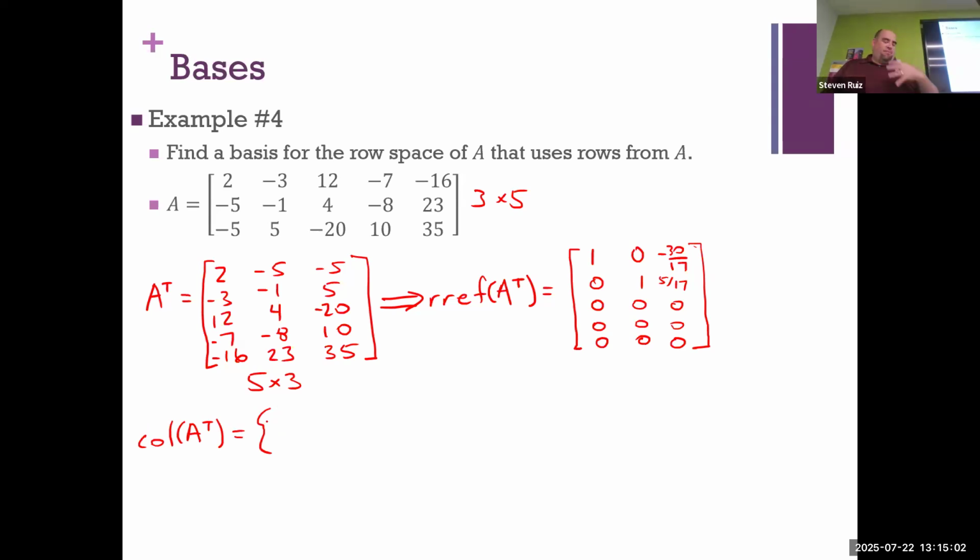Think about the way we've found column spaces in the past, the one we found yesterday. Right, it's going to be the exact same thing. I want to look at the pivots. So what columns do I have pivots in? 1 and 2. So my basis is going to be dimension 2, but what are those two vectors going to look like?